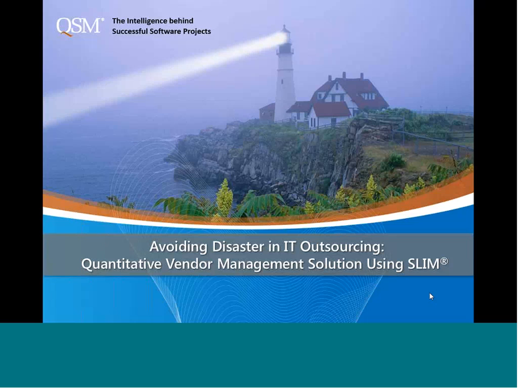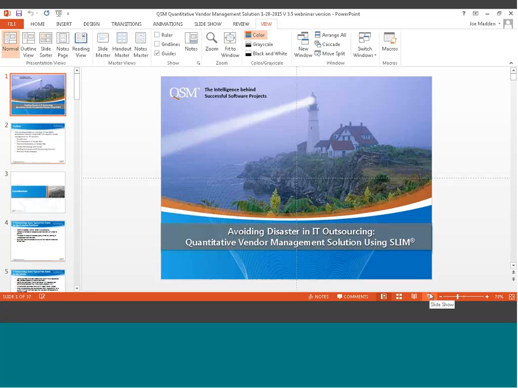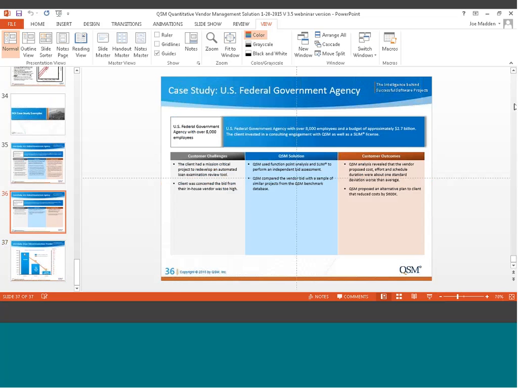How much does it cost to implement the vendor management solution, and what is the return on investment? So to get started in a small way, just jumping to the case studies that I presented, I'll use those as an easy example.